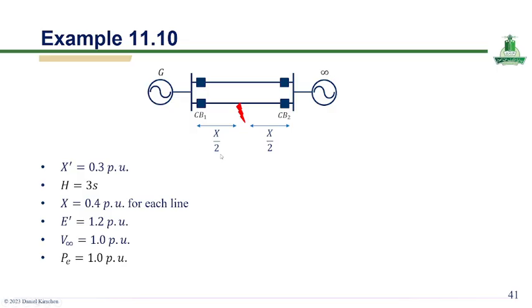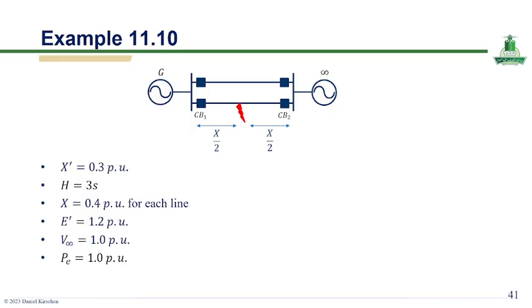Okay, the system consists of a generator connected to the infinite bus through two parallel transmission lines with identical reactance values. Key machine and network parameters, including transient reactance, inertia constant, internal voltage and operating power, are specified in per unit quantities.